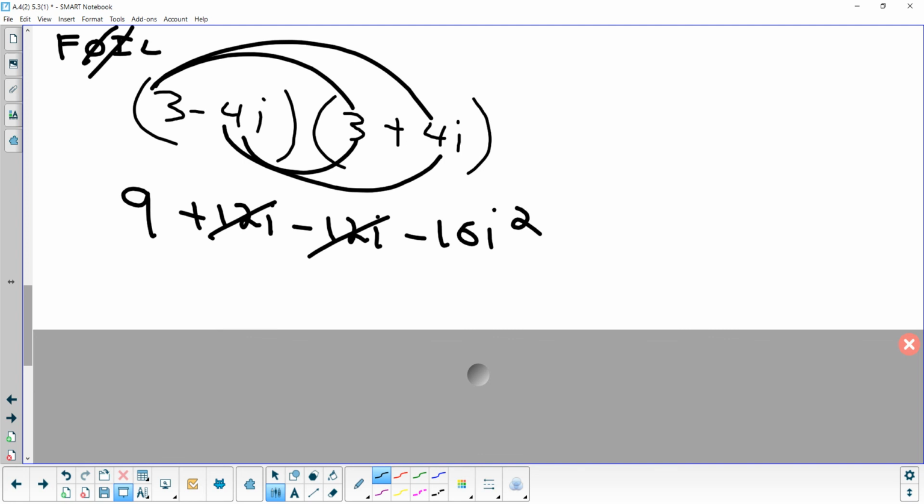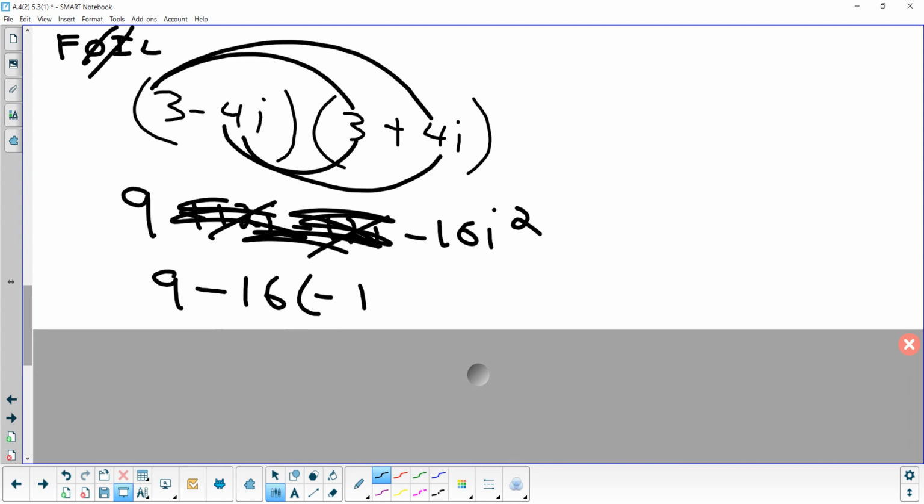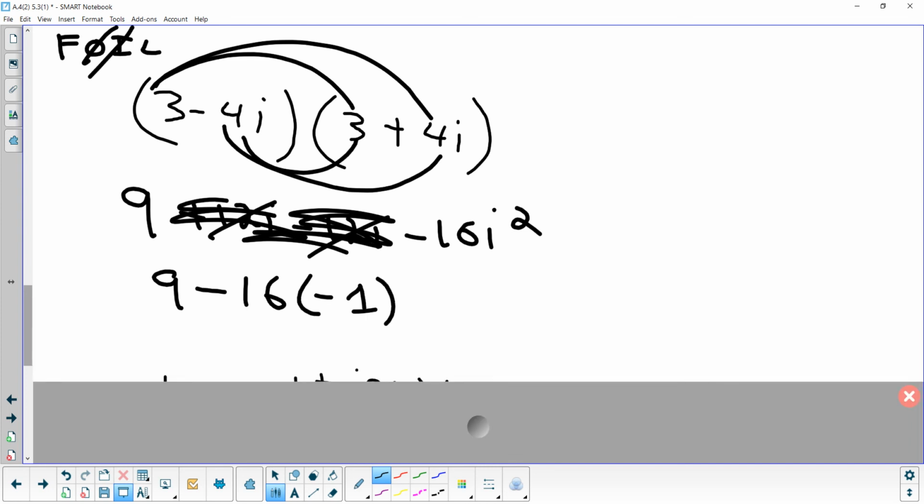And Raymond, negative 16i squared, we can change that i squared to what number? We can change that to negative 1. So what we really have is, remember, these are all gone. 9 minus 16 times negative 1.